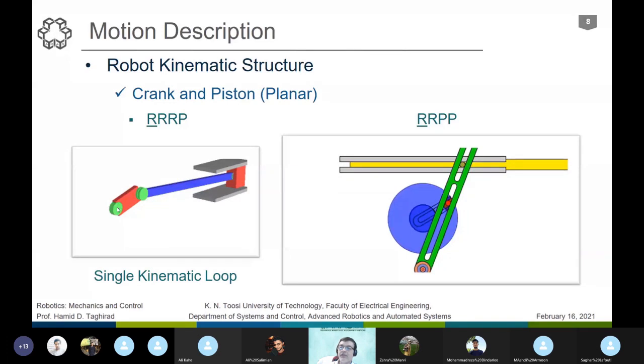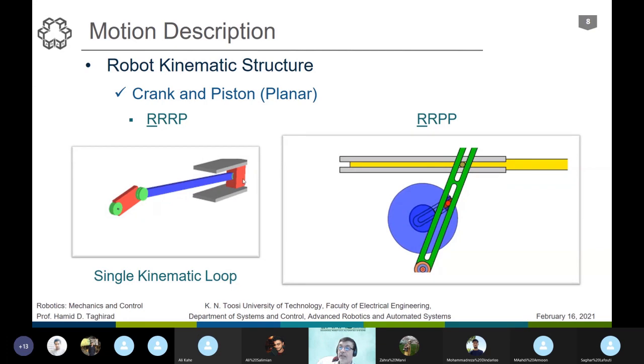So we have a rotary joint here. Everything is planar, so we have a planar case now. All the motion is in a plane, not out of the plane. So we have one single rotary joint here, a second rotary joint here, which also provides some motion, and a prismatic joint here.